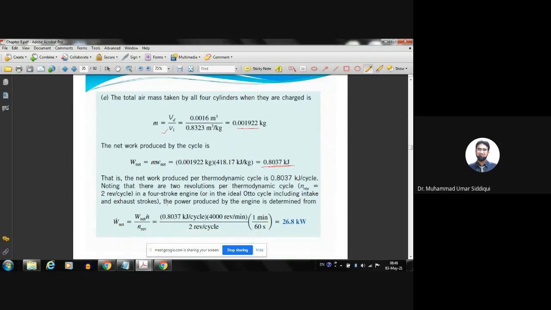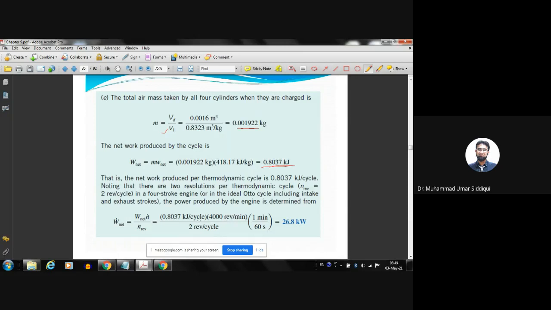Now here it is written that the engine is moving at 4,000 revolutions per minute. Per minute, if we multiply by the number of kilojoules generated per cycle, we determine how many kilojoules are generated per minute.